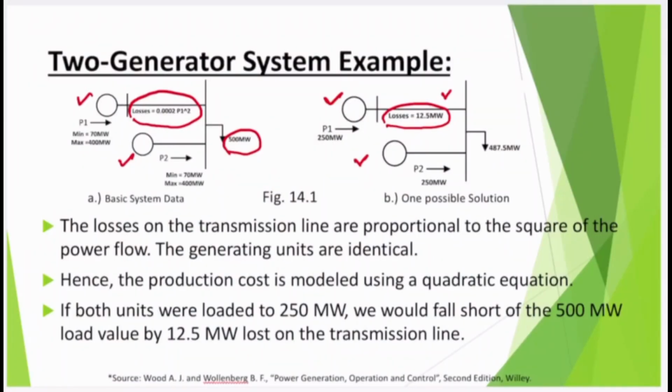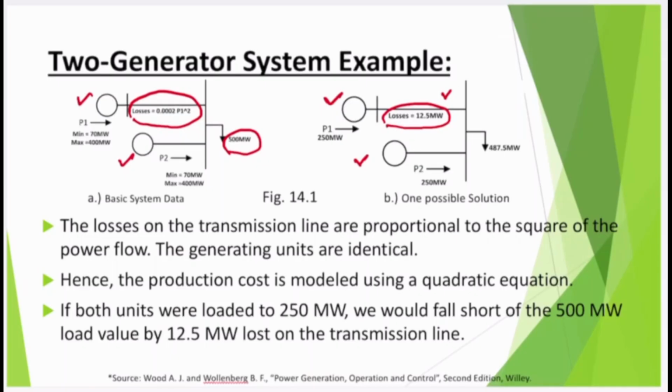Now my argument here is, let us get into a very practical example: the losses on the transmission line are proportional to the square of the power flow. The losses are a function of your generation output, that is P1 square. If you have to cater 500 megawatt, then each generator will produce, let's say, 250 each.